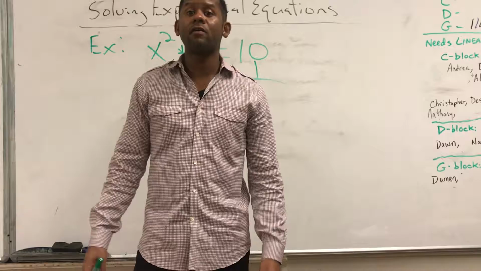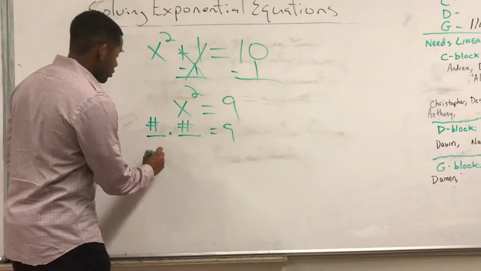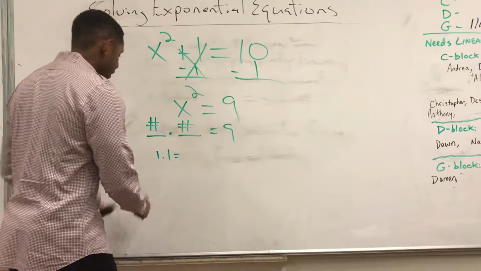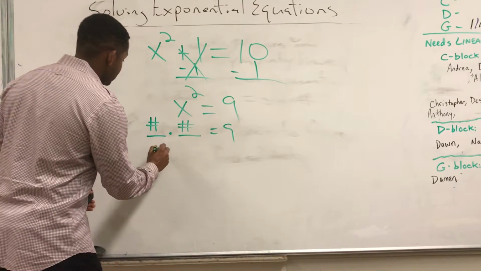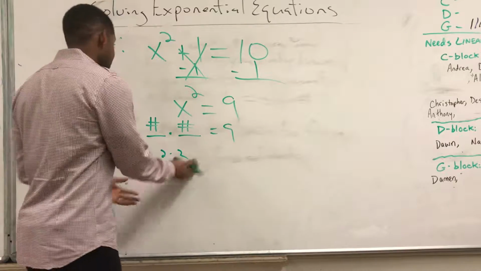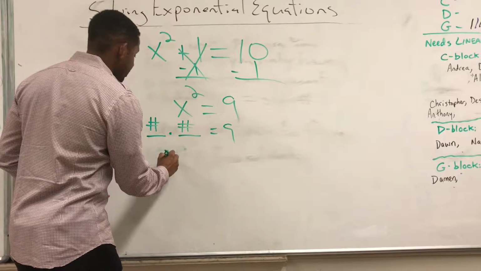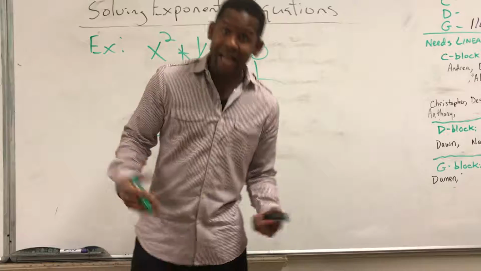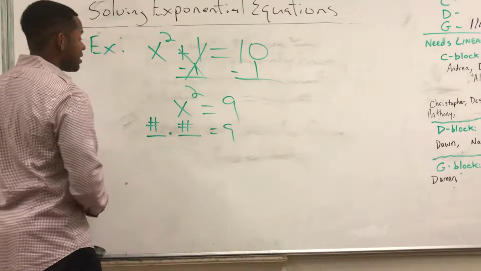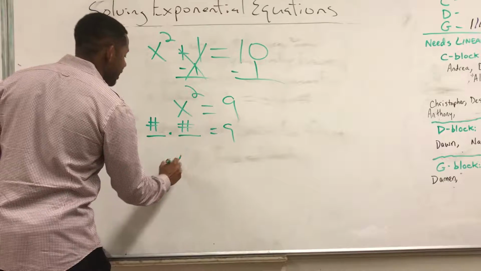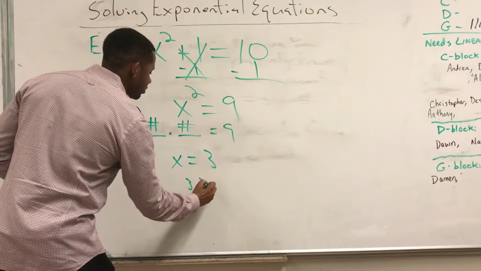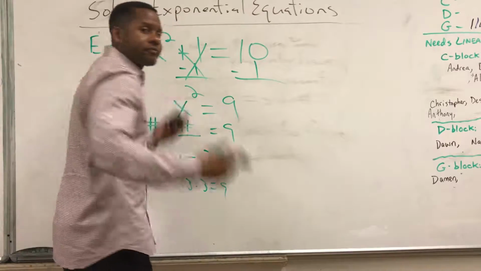I start trying stuff. Well, I know 1 times 1, that's not 9. Let me go again. 2 times 2, that's not 9. Let me try again. 3 times 3, oh snap, that's 9. There it is. A number times a number equals 9. Well, this number, x, must equal 3 because 3 times 3 equals 9.